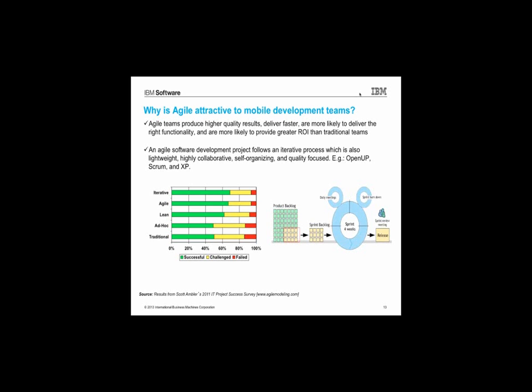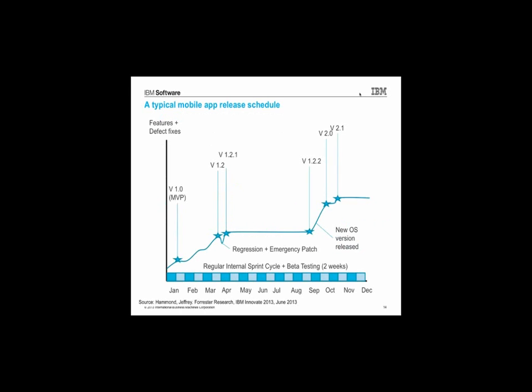If you're just starting on mobile development, the best thing to do that I could say, based on lots of other experience, is to start with an Agile process. Now, why is that? Let's take a look here at a little more data from Jeffrey Hammond over at Forrester again. He's laid out this pattern of a typical app release schedule.